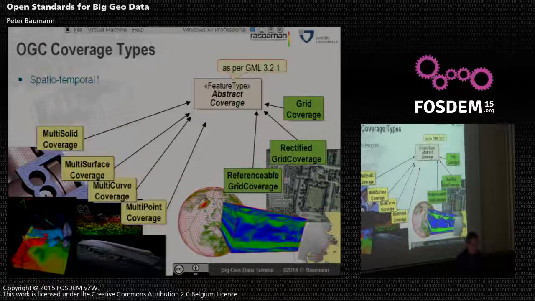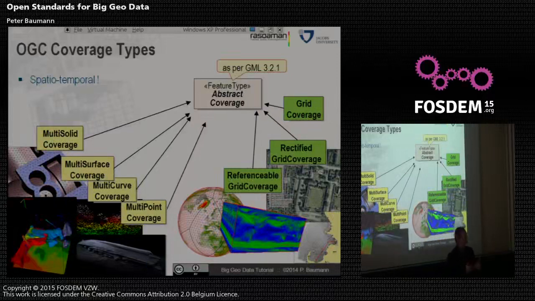And we need to, because actually the coverage types that we have are quite diverse. Typically we think about the right-hand side. So we have pixels and we have quadratic pixels, so something like ortho images. But first of all, this can be spatiotemporal. We might have irregular grids. We might have very strange grids, like they like to have in climate modeling.